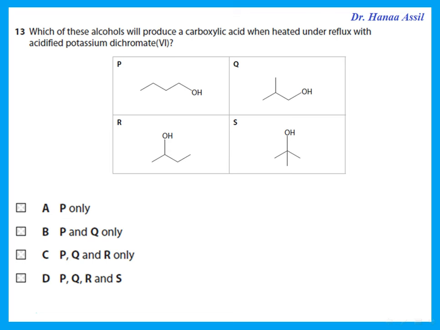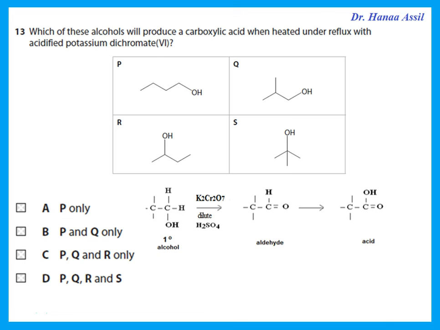Okay, then he says, which of these alcohols will produce a carboxylic acid? So we're looking for which of these gives an acid when heated under reflux with acidified potassium dichromate. Well, let us look at this. An acid is formed if I have a primary alcohol.